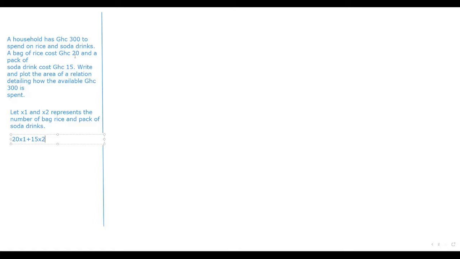When you have a certain amount of money on you and you are going to shop with that amount, you cannot shop more than the 300 cedis you are having. You get it? So let's say the household is having 300 cedis. The sign we use is less than or equal to 300. And this becomes our mathematical expression.